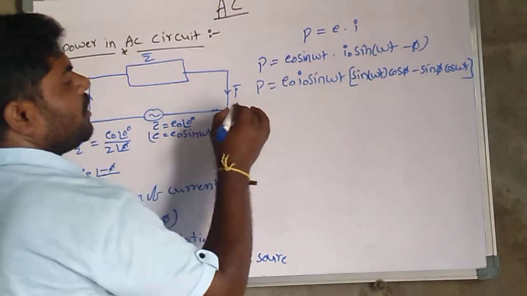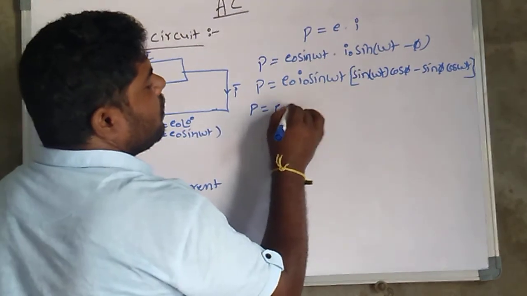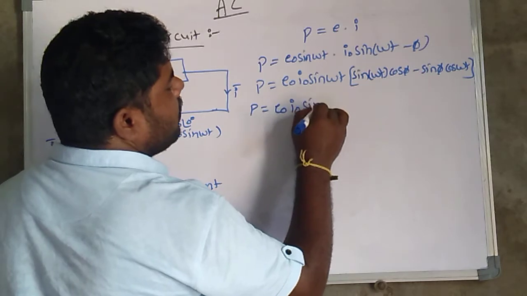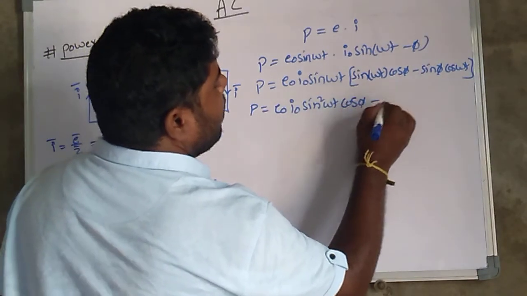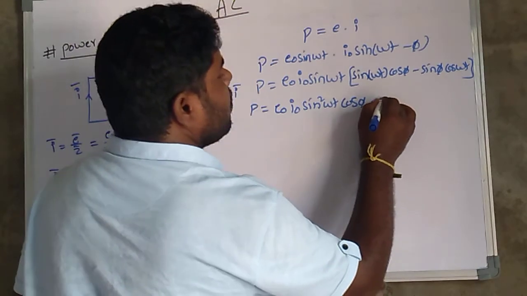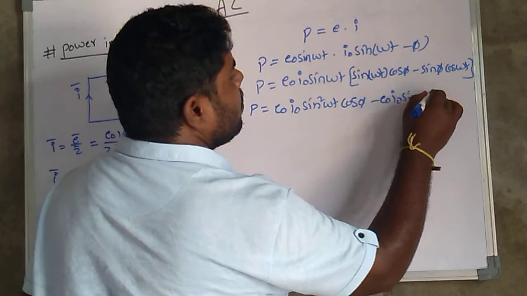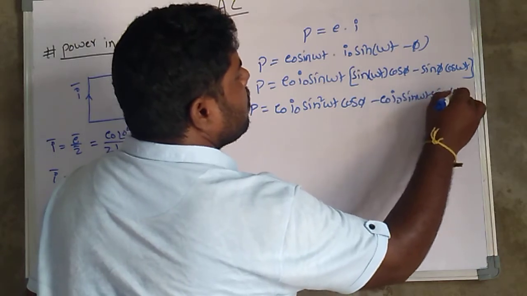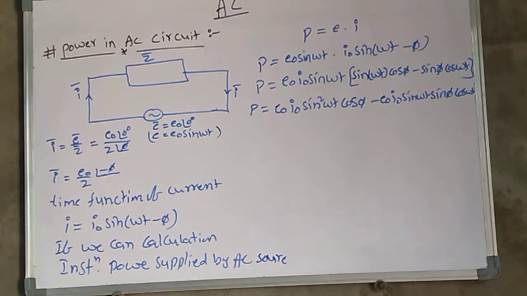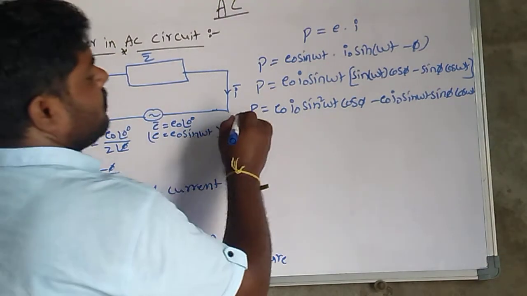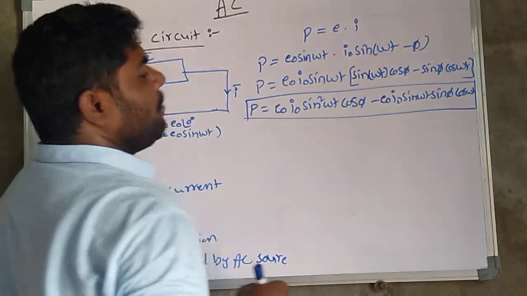Multiplying, the instantaneous power is E naught I naught sine square omega t cos phi minus E naught I naught sine omega t sine phi cos omega t. This equation we call the instantaneous power.